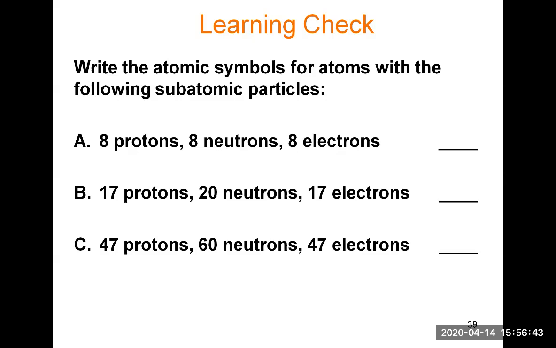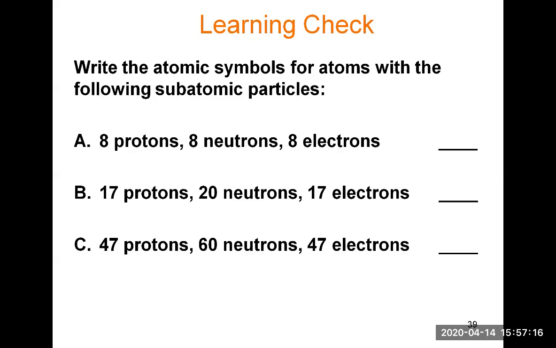So when you have 8 protons, you need to look into the periodic table. What is the element that has 8 protons? And we can see that it's oxygen, atomic number 8. So you would write the symbol O, capital O, write the 8 in the lower left corner, and then in the upper left corner, you would write the mass number, which corresponds to the number of protons plus the number of neutrons.